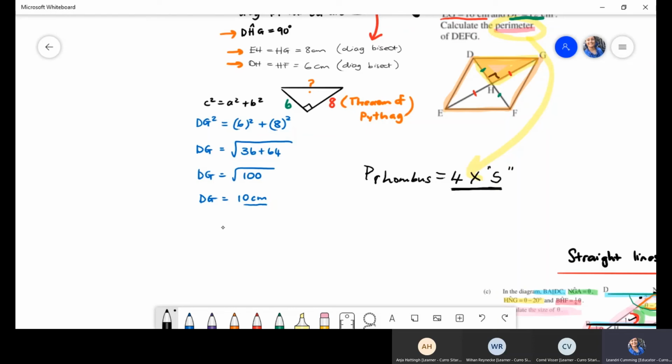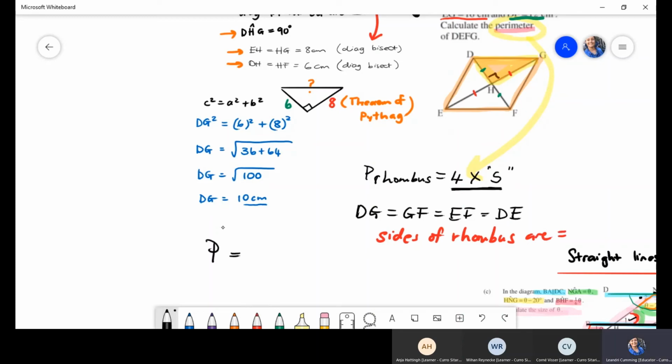Therefore, we go straight to saying DG is equal to GF is equal to EF is equal to DE. Why am I making this statement? It's because the sides of my rhombus are all equal. Okay, great. Now I can finish it up.